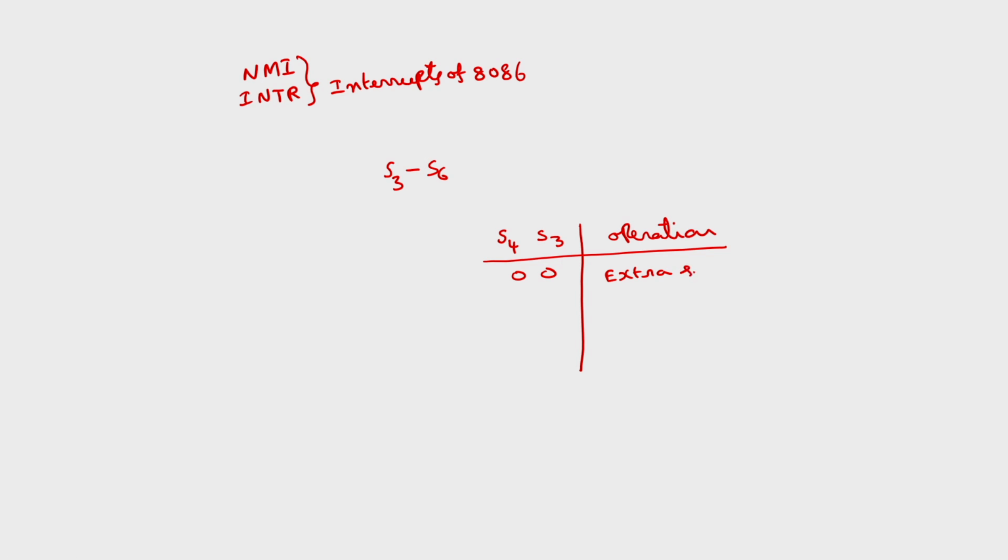To access the extra segment, these two status signals should be 0 0. 0 1 is for the stack segment, 1 0 is for the code segment or no segment, and 1 1 is for the data segment.